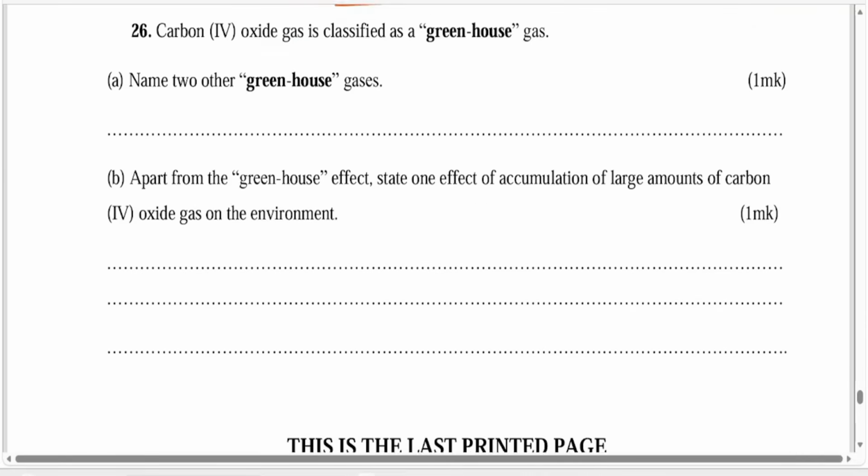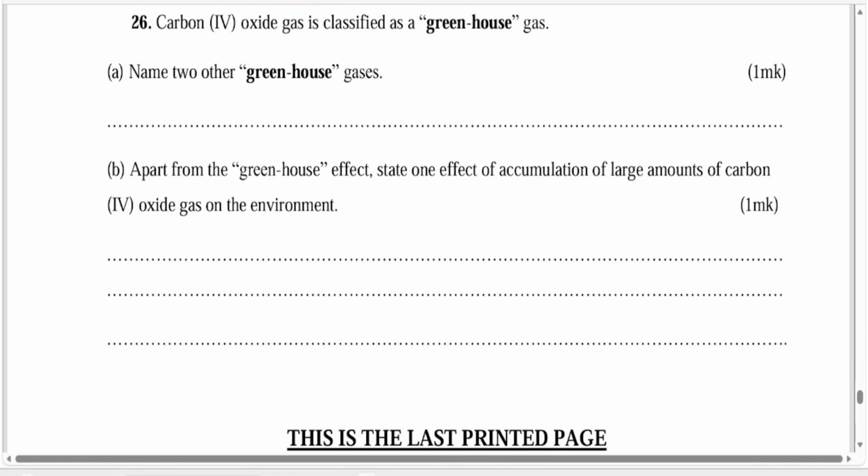Next question, number 26. Carbon dioxide gas is classified as a greenhouse gas. Name 2 other greenhouse gases. We have several greenhouse gases that cause global warming.